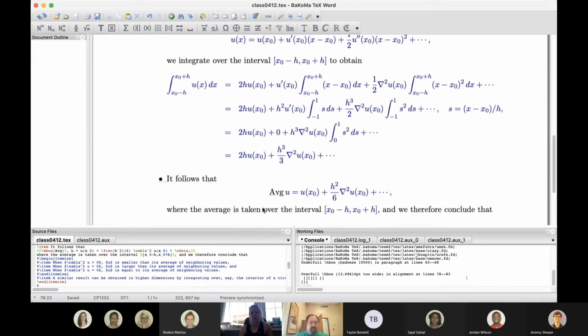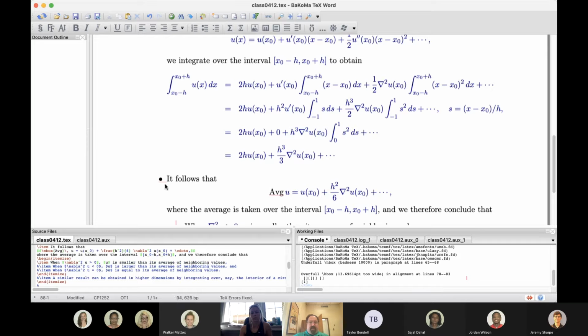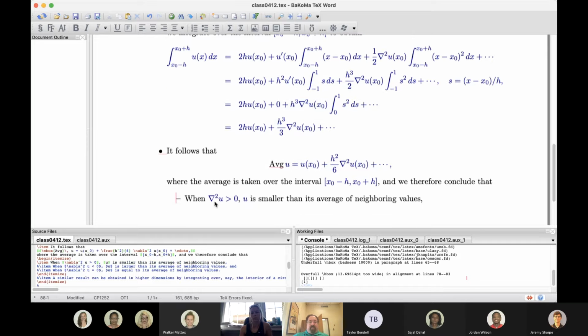So what exactly does this tell us about how to interpret the Laplacian? If the Laplacian is positive, then u is smaller than the average of its neighboring values. And this is easiest to understand in one dimension because the Laplacian is just a second derivative.